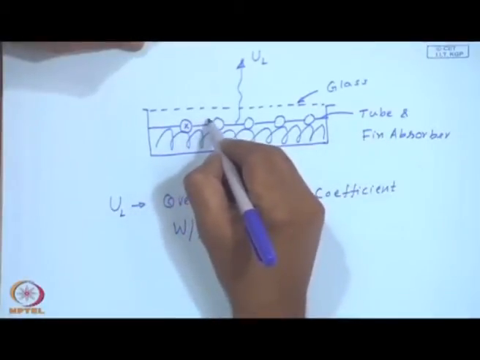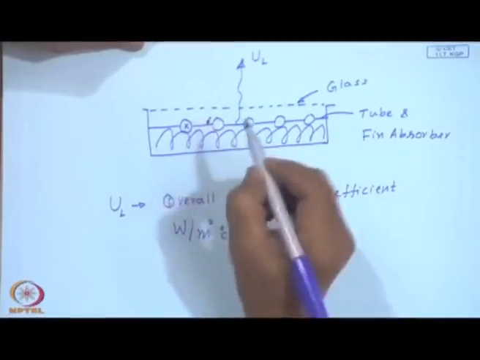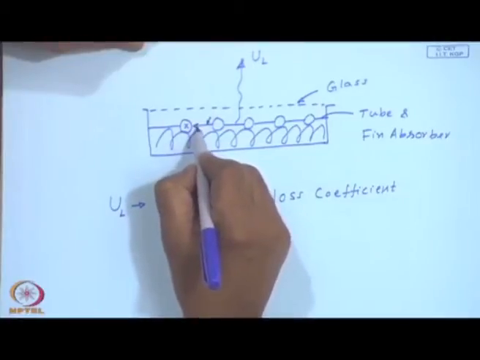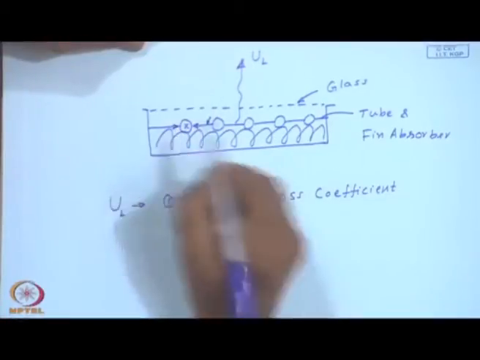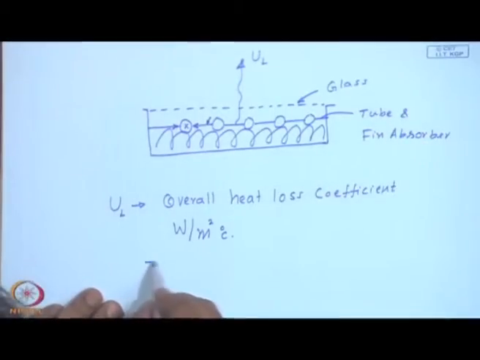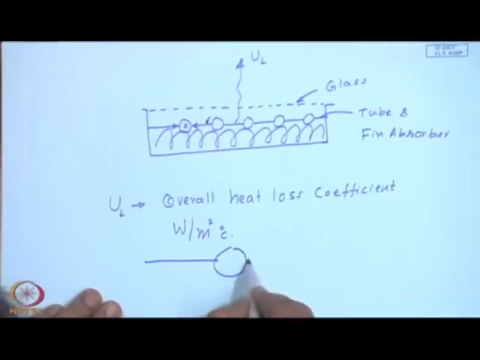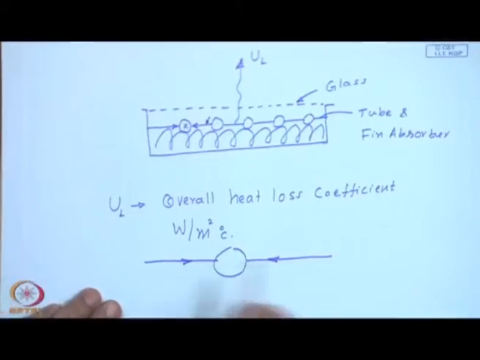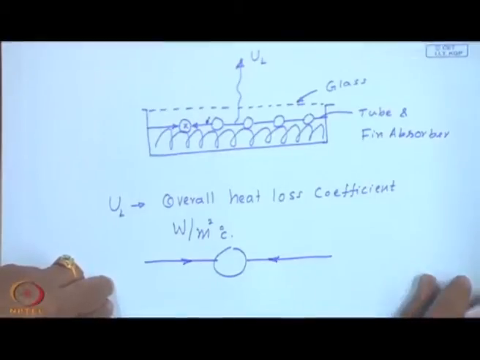The central portion painted black over here, heat will flow towards the colder fluid side, thereby heating the fluid. In other words, if I exaggerate, there will be heat flow towards the tube, right.